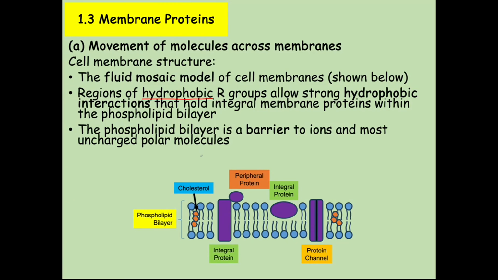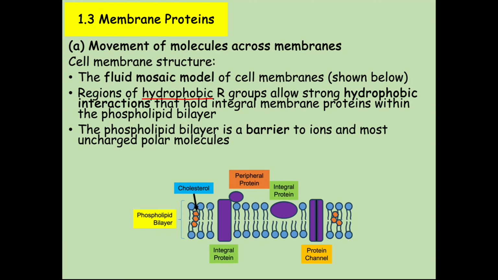And we've got water or liquid on either side of the membrane. So these proteins like to be connected to the center of the membrane, and that's what holds them in place here. Lots of little hydrophobic interactions here and over here as well, and that's what holds these integral proteins, the ones in the internal part of the membrane, in place through these hydrophobic R groups.